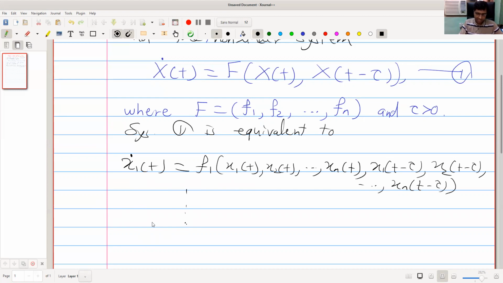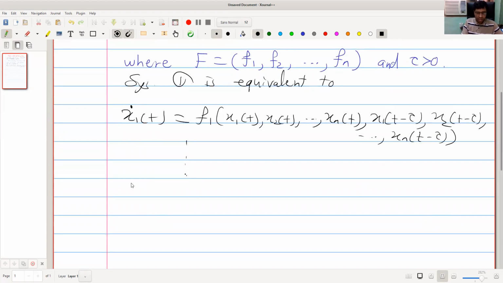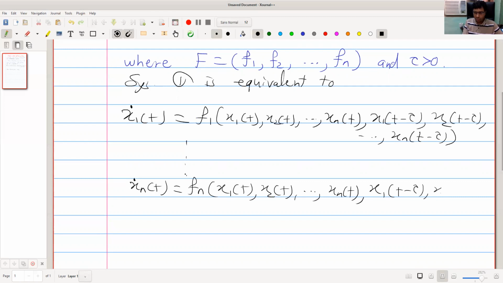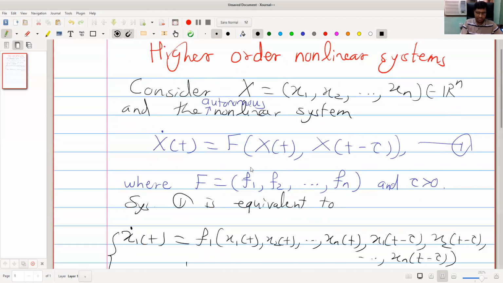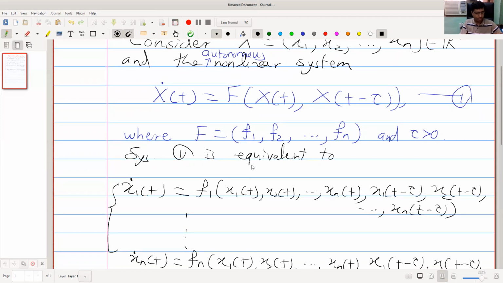The last equation is xn dot of t equal to fn of x1 of t, x2 of t, and so on xn of t, then x1 of t minus tau, x2 of t minus tau, and so on xn of t minus tau. So this is the same as system 1 in the expanded form.